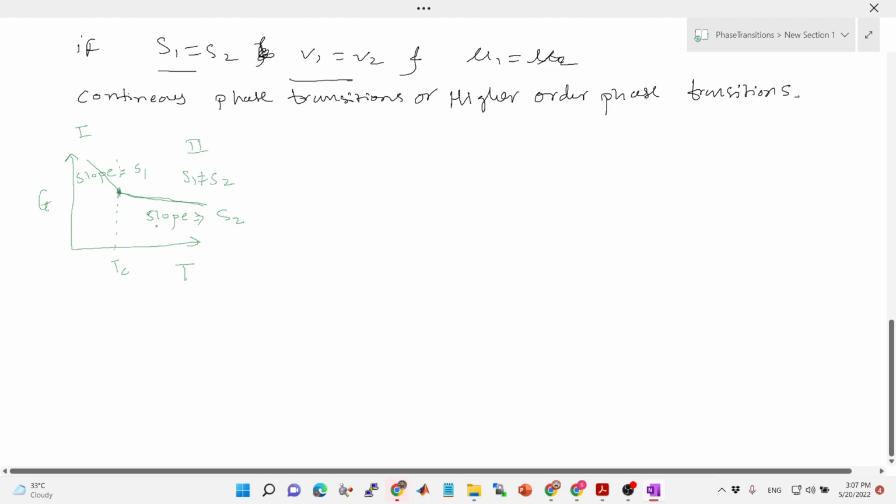That means the derivative of G is not continuous. In other words, if you plot the derivative, that means the slope from this curve, S = ∂G/∂T as a function of temperature, and this is your Tc, then you will see something like this.